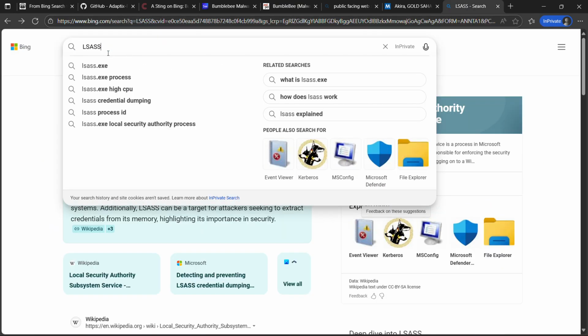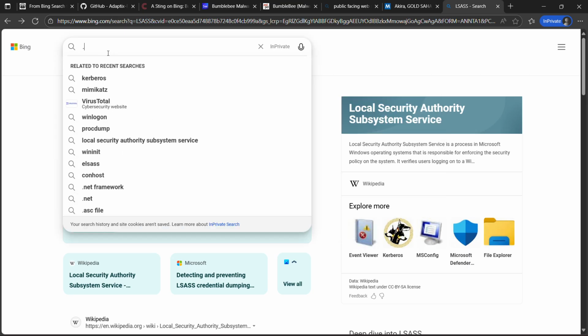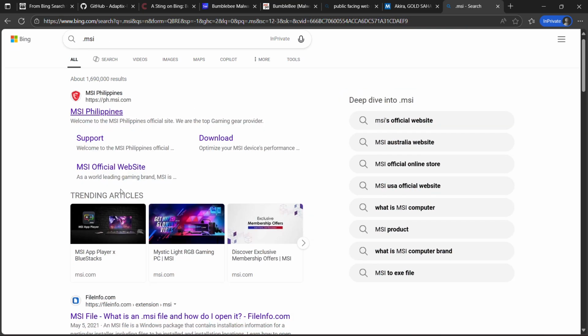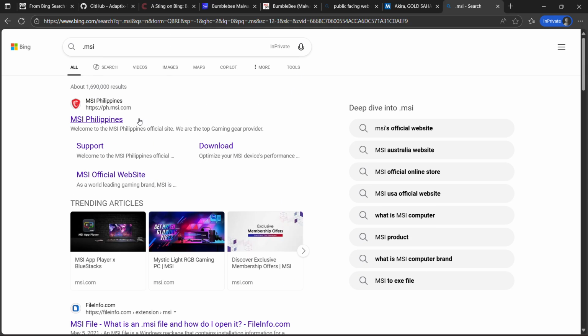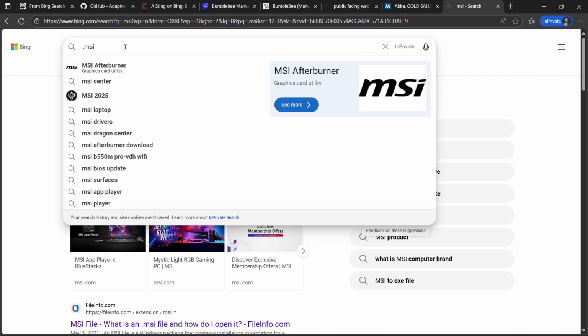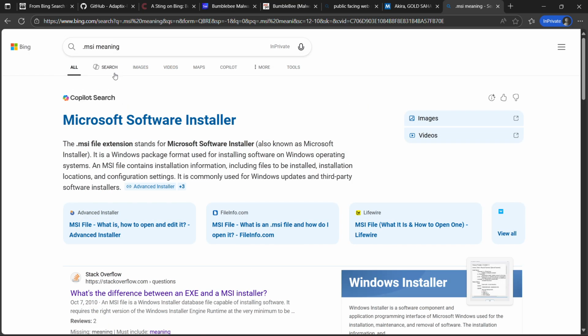Yep, sorry. Yep, installation information for a particular install. Microsoft Software Installer.